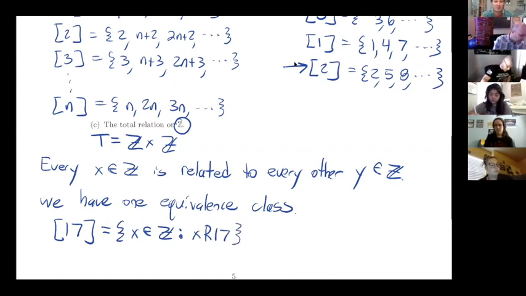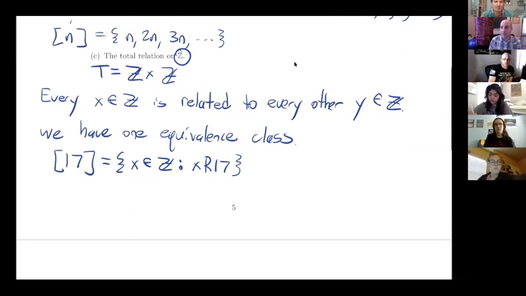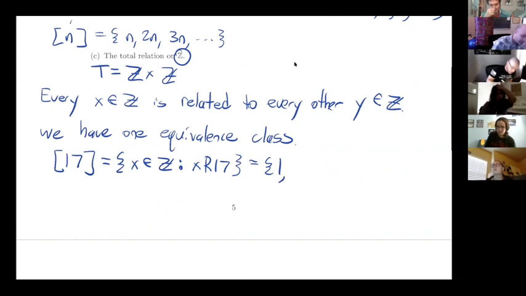And so what values X would be related to 17? Would it just be 1 and 17? So 1 is related to 17. What's another element that's related to 17? I think, isn't 17 also related to it? So remember, we're dealing with a total relation here.